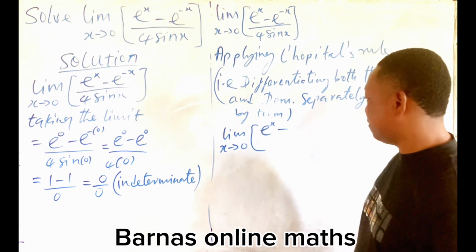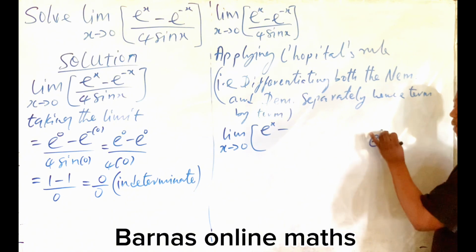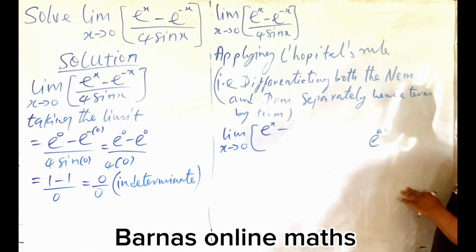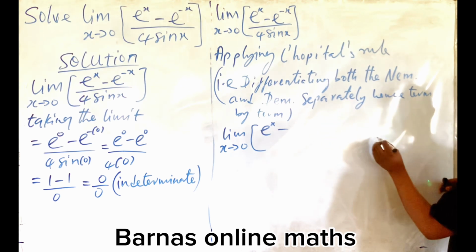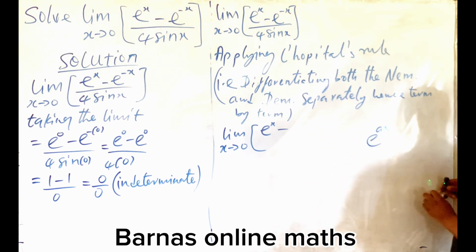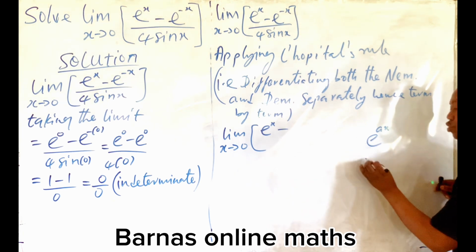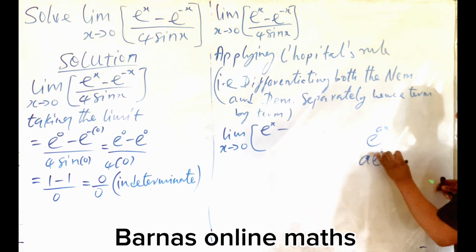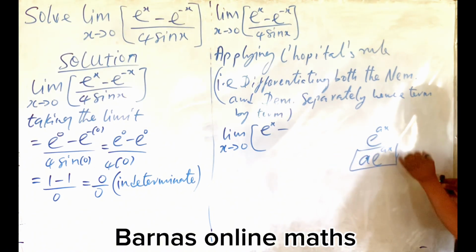From the standard derivative, if we are given e to power ax and you are asked to differentiate this, automatically this will be a e to power ax.